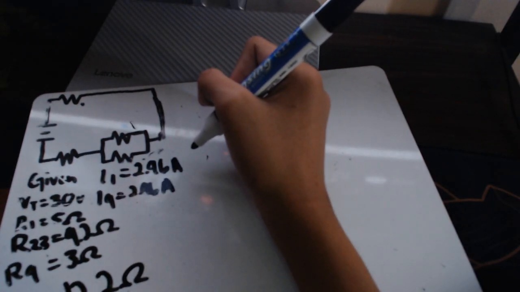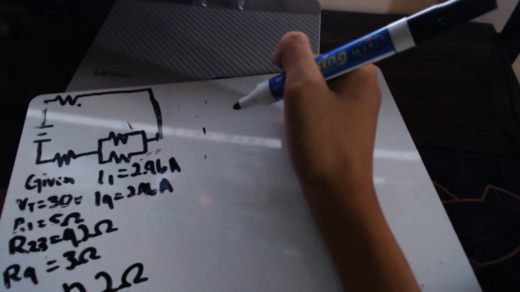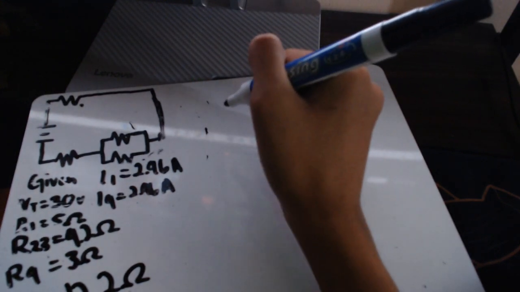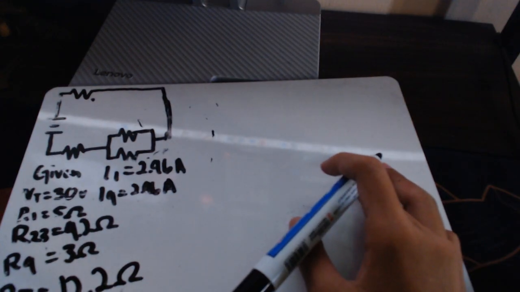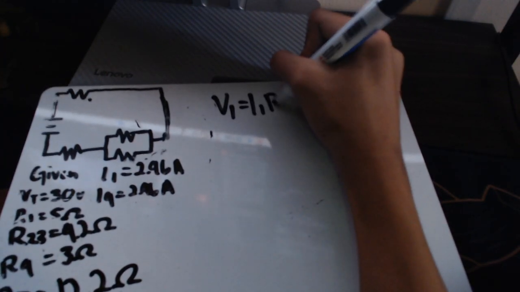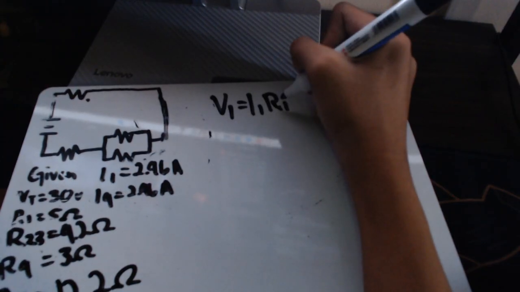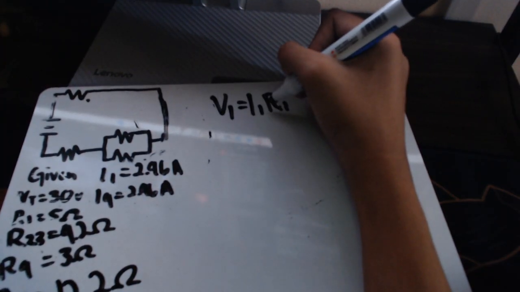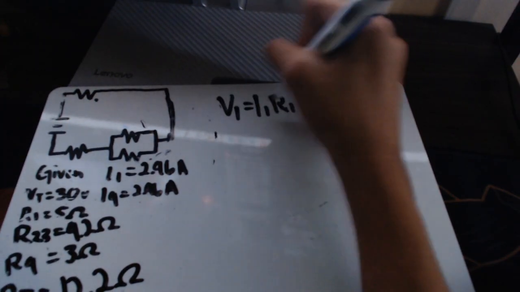Okay, now we have to find V1. Now let's find the voltage across R1. The formula we need to use is Ohm's law. This one indicates which resistor we're going to substitute.